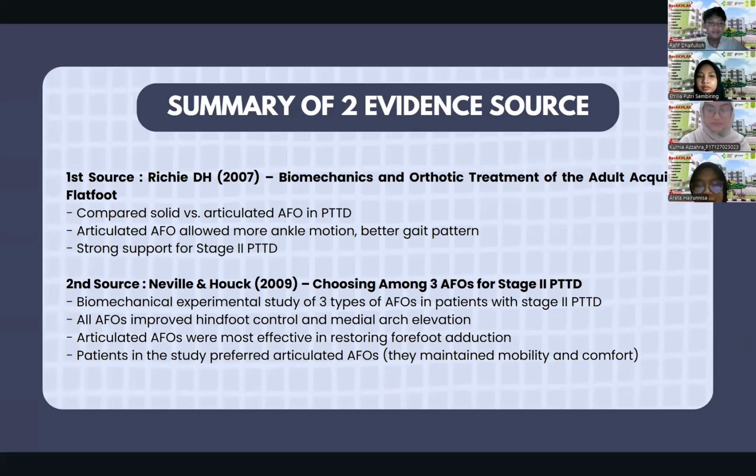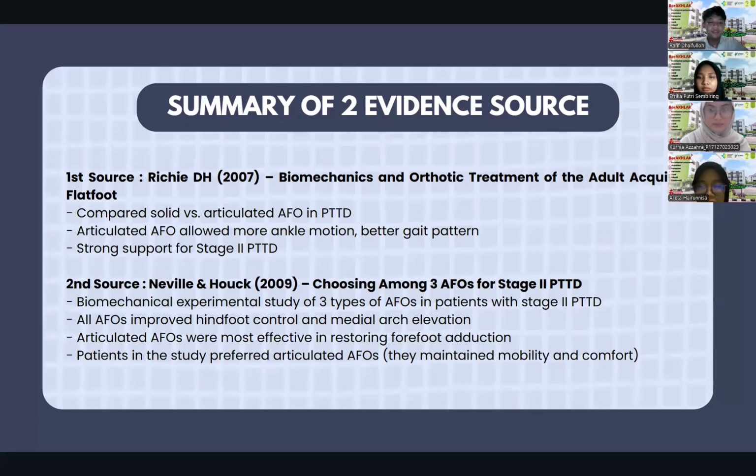The second source is Neville and Hope 29, choosing among three AFOs for stage 2 PTTD. The first is a biomechanical experimental study of the three types of AFO in patients with stage 2 PTTD. The second, all AFOs improve hindfoot control and medial arch elevation.